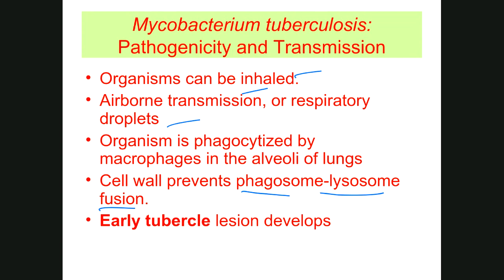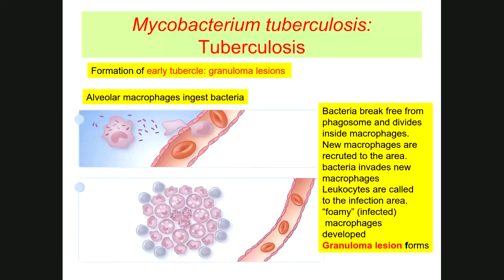And these little white blood cells that are infected are going to be walled off by healthy white blood cells. So this is an early tubercle or a granuloma lesion.